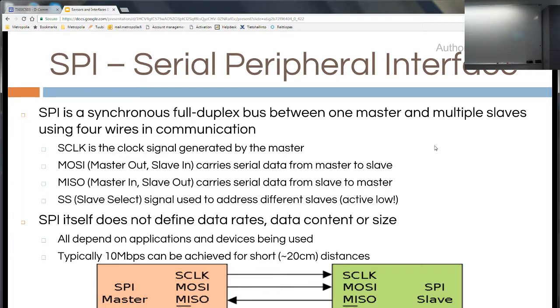But anyways, so the serial clock is needed, and basically the hardware defines how fast you can go on the serial clock. So fundamentally you want to go as fast as the slave or master can go on these clock signals.